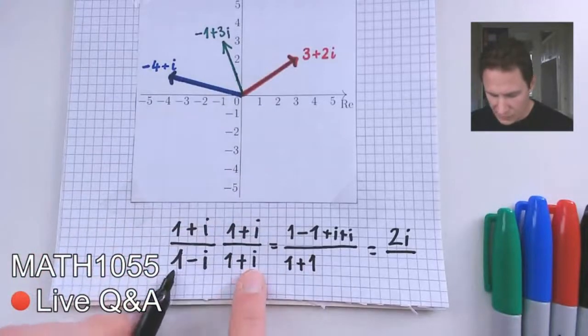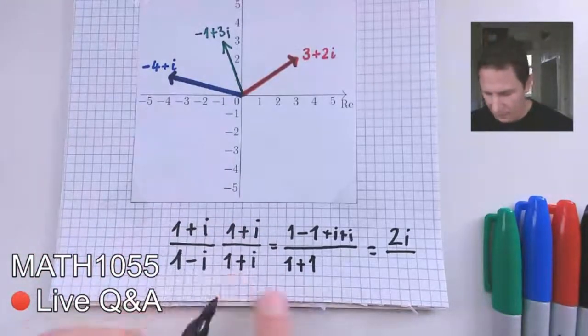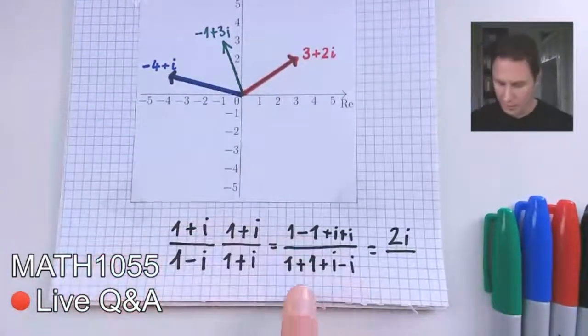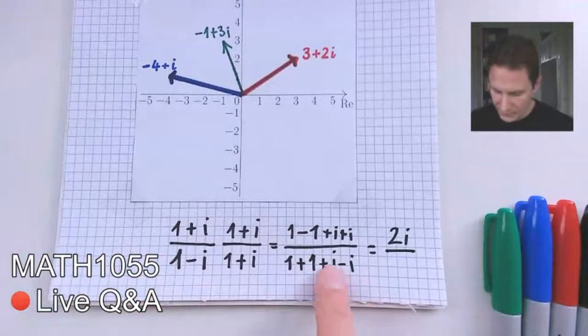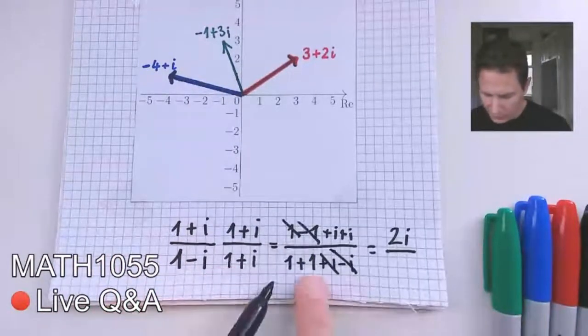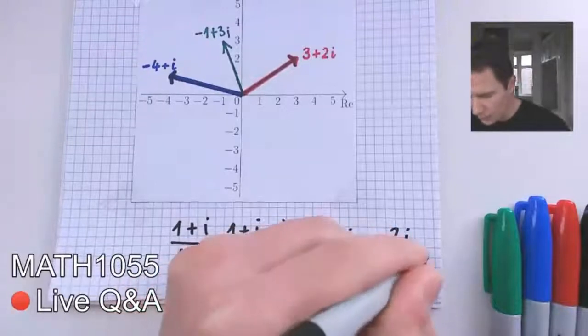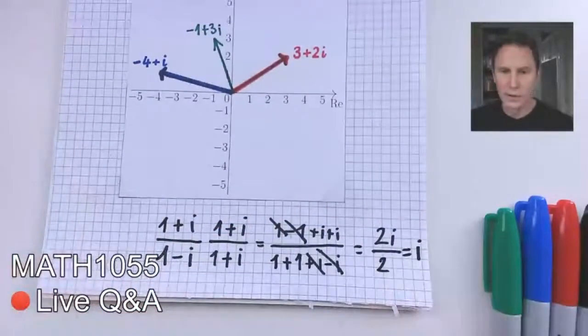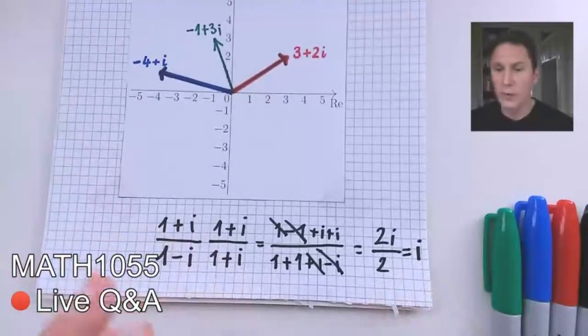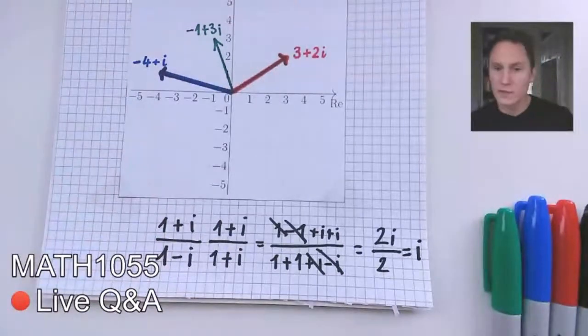And then you will have the cross terms plus I and minus I. So these are going to cancel each other, and you will be left with 2 in the denominator, giving you I as the final answer. Okay. And this number can of course be written as 0 plus 1I. Right. I hope that was clear. So that's division.